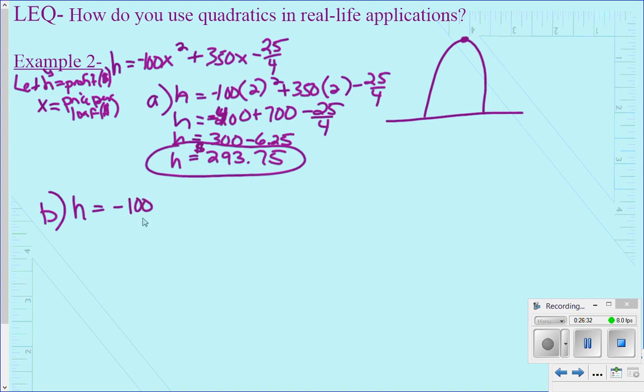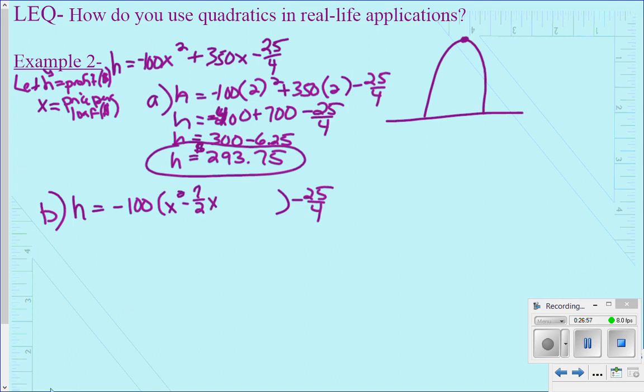We're factoring out the negative 100. So when I factor that out, I'm left with an x squared. And then I have to figure out what I'm multiplying negative 100 by to get positive 350. So you realize that's negative 3.5, or as a fraction, negative 7 halves x.